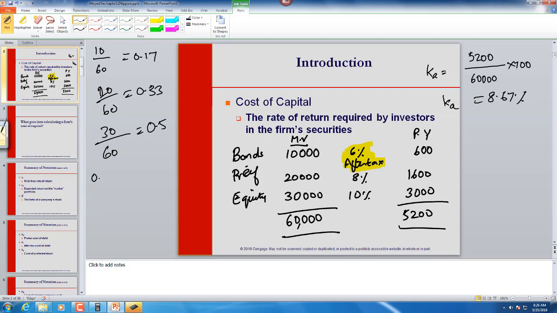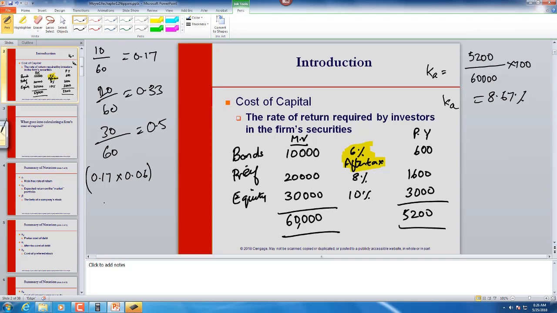You can take 0.17 multiplied by 0.06, which is the part of the bonds, plus 0.33 multiplied by 8%, plus 0.5 multiplied by 10%. Weight multiplied by the cost.